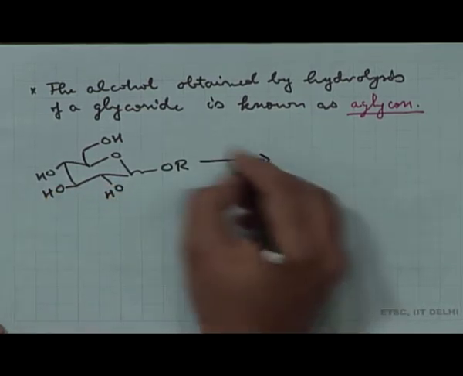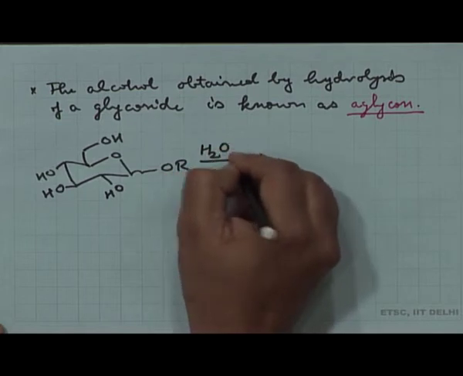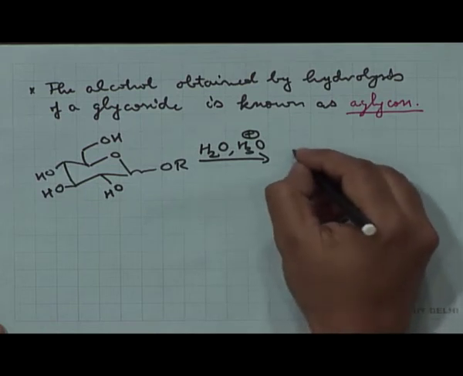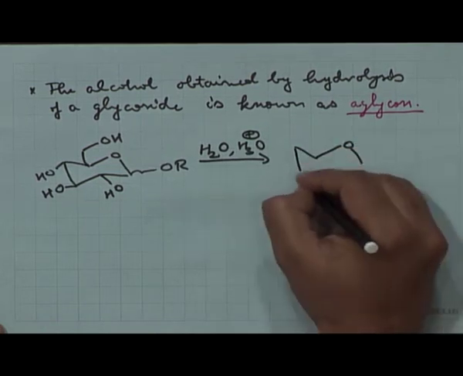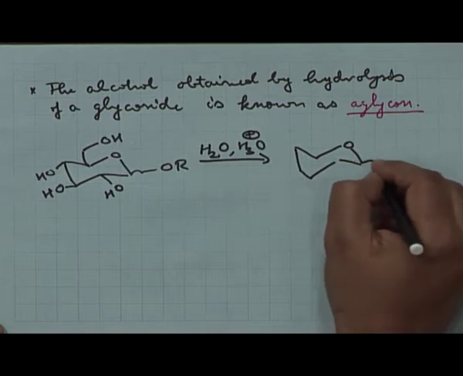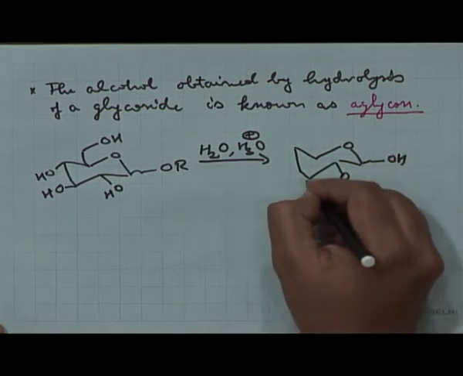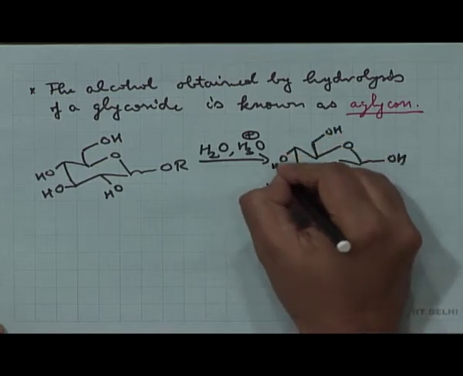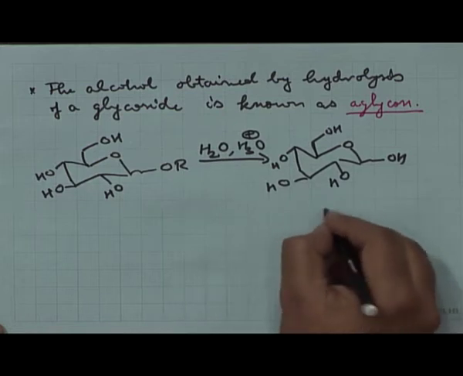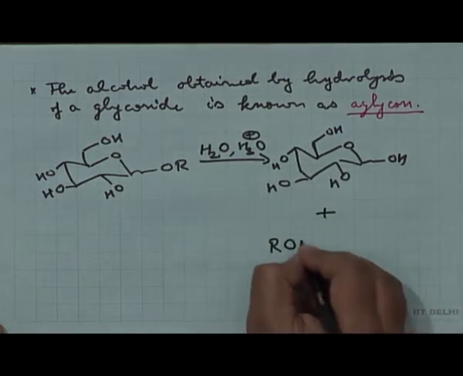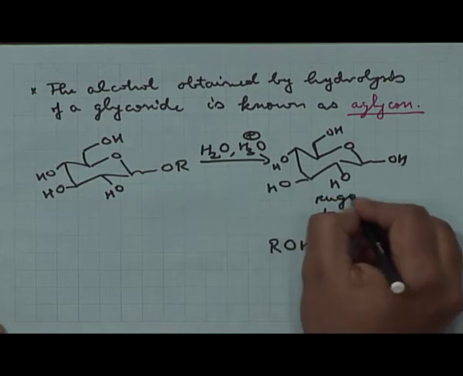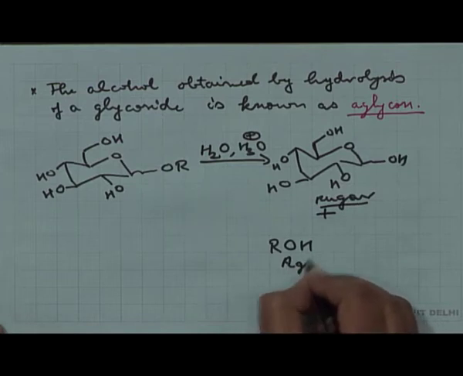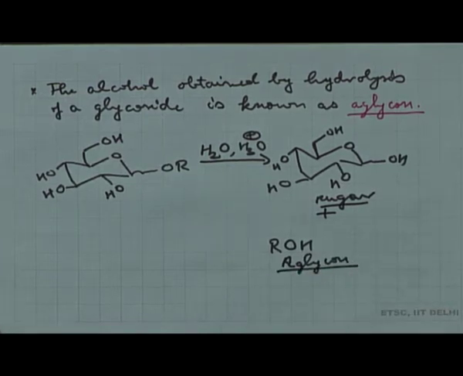Now this gets hydrolyzed in the presence of acid, and it will generate the sugar and alcohol. So, this is sugar and this is aglycon.